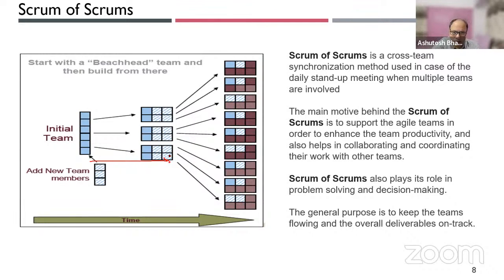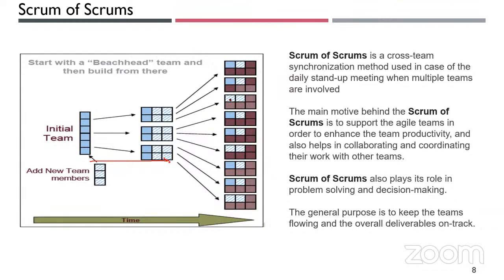From left-hand side to right-hand side, you see the expansion of the Scrum teams over a period of time. Again, you might ask, what is the right time for this? There's no right or wrong time when you start splitting one Scrum team into multiple Scrum teams. It depends on the maturity of the teams, how quickly the teams have adapted themselves, and how quickly other people are ready to pick up that role, because this involves creating additional roles, more Scrum Masters, as we move along.